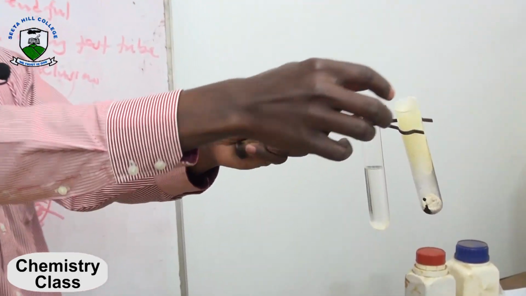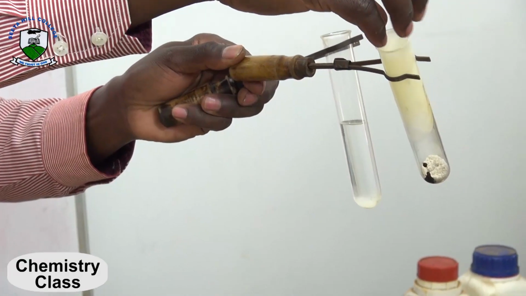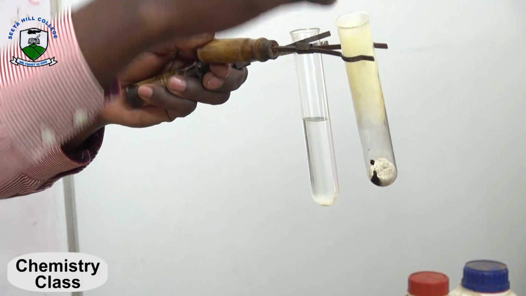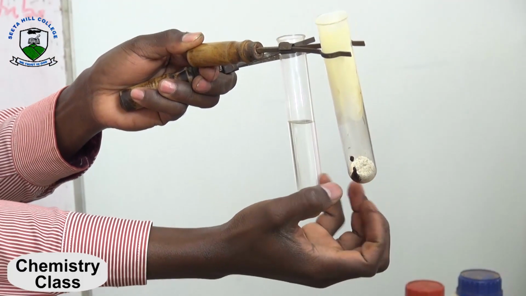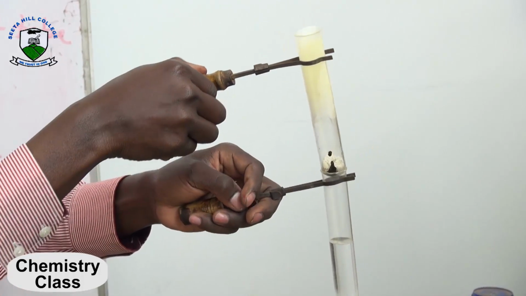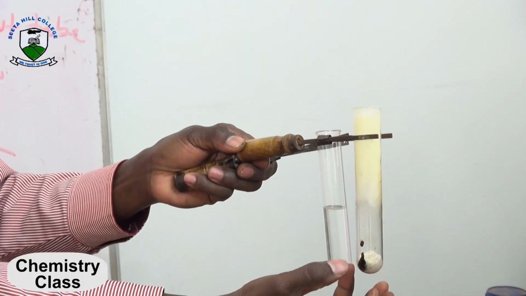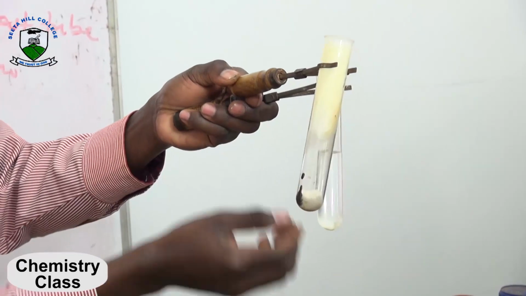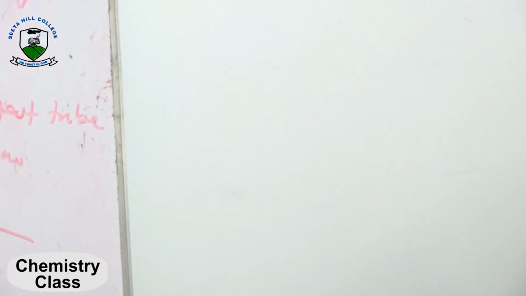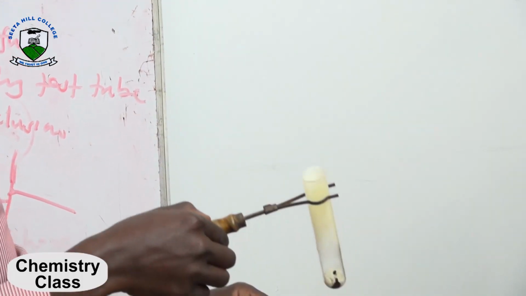These are what we call fumes, but it's the white vapor from those white solids. The white solid is changing into white fumes, which are now settling down here because this is cold. That's sublimation.